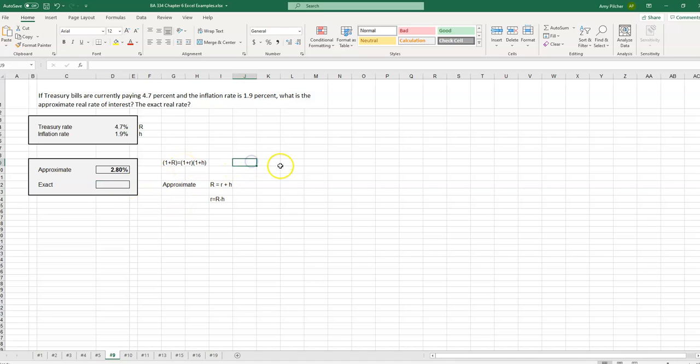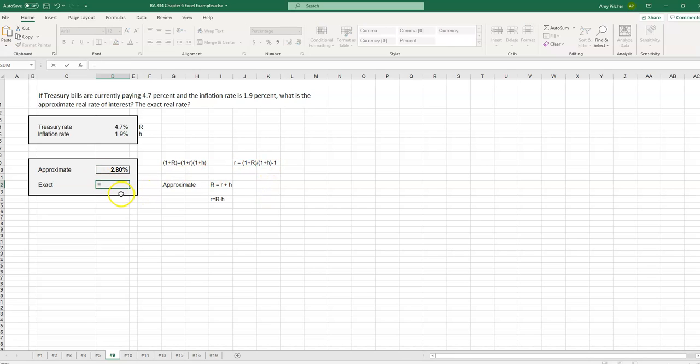So the new formula that we're looking at is r equals 1 plus capital R, or our nominal rate, divided by 1 plus the inflation rate, minus 1.